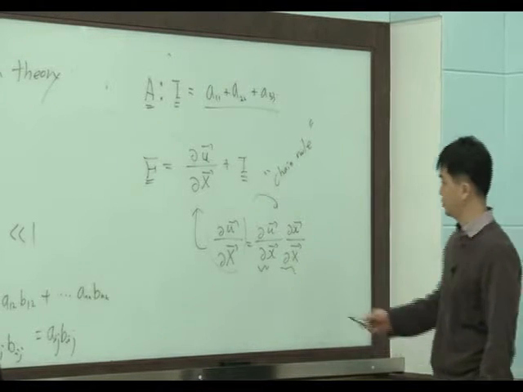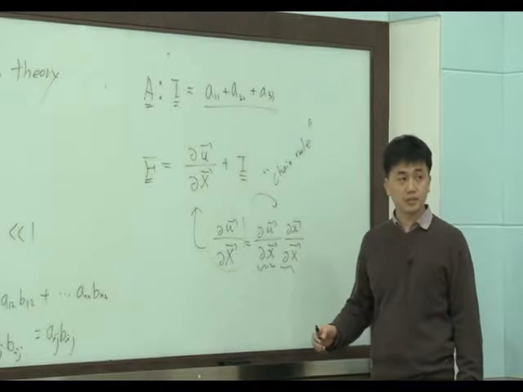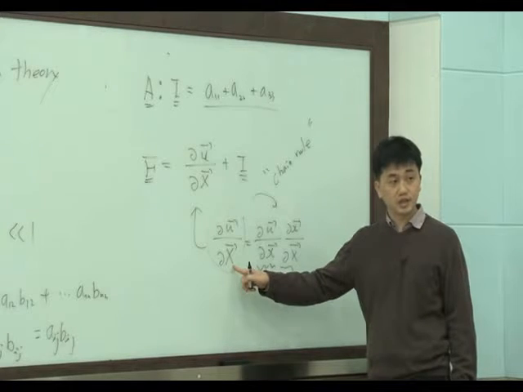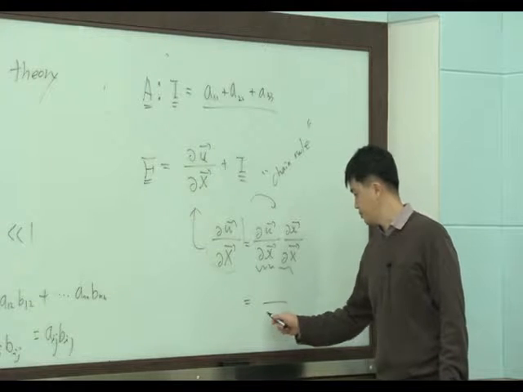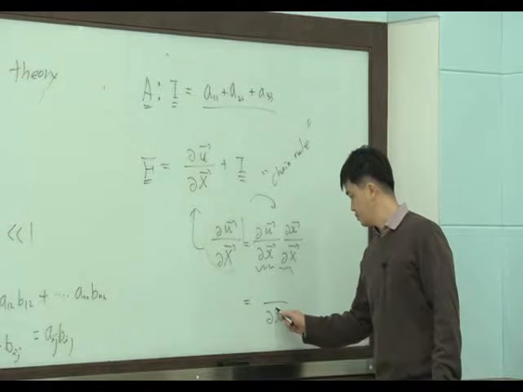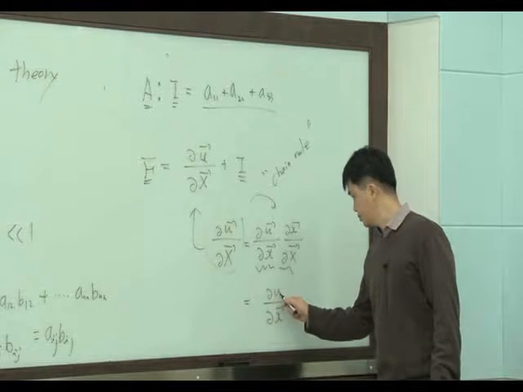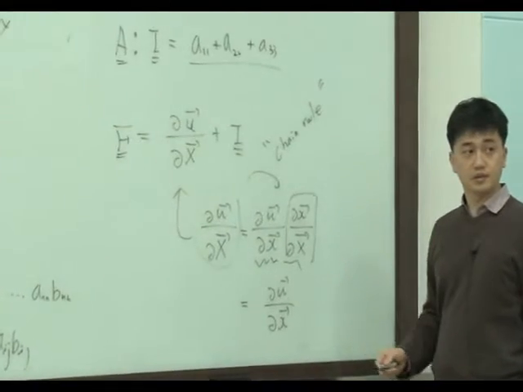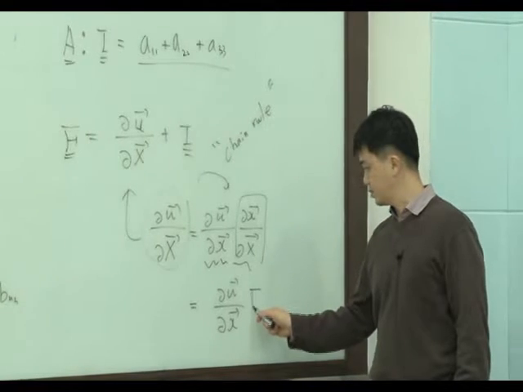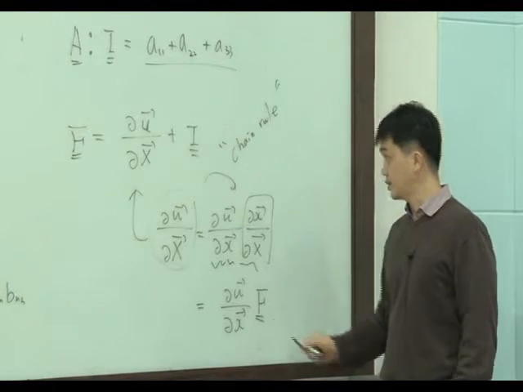Based on the chain rule, we can decompose this equation into two parts. And what's this? This is the deformation gradient F. Right?